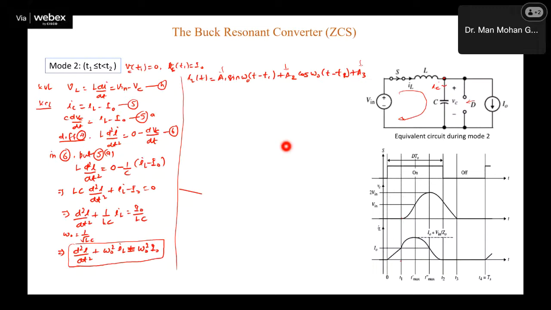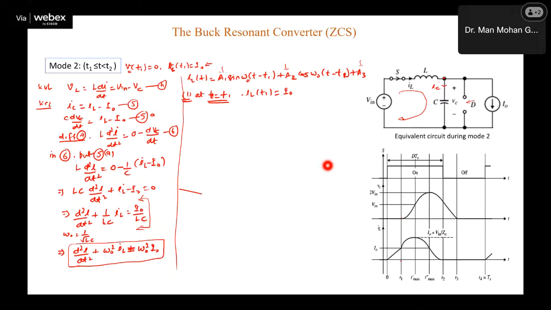With us only this one equation, right? So how to find, and some other equation also. So how to find it? So let's apply the boundary conditions. So at t equal to t1, we know that IL(t1) is, from this equation here, IL(t1) is I naught.